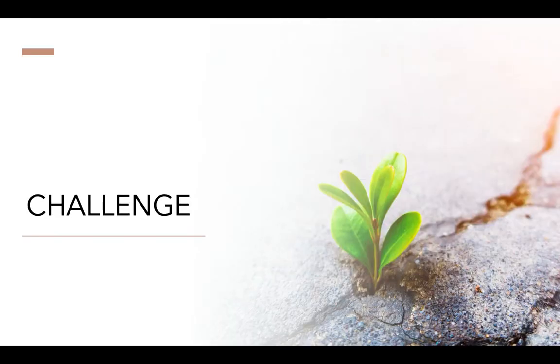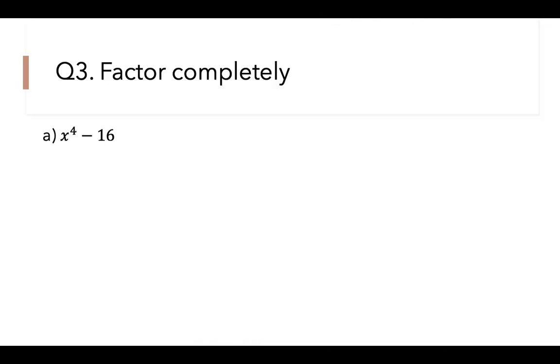Now let's do a little bit of a challenge. Now the question is factor completely. In the previous lesson, we could use the factor theorem with integral numbers, but for question 3, factor completely, there are two ways to do it.